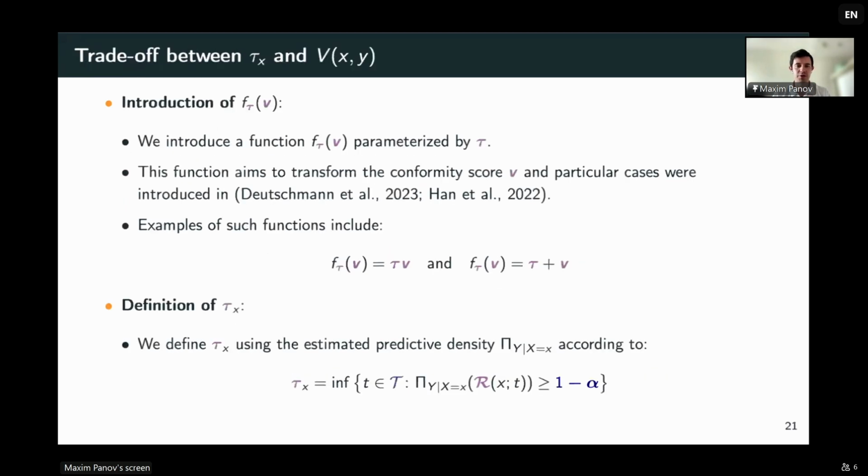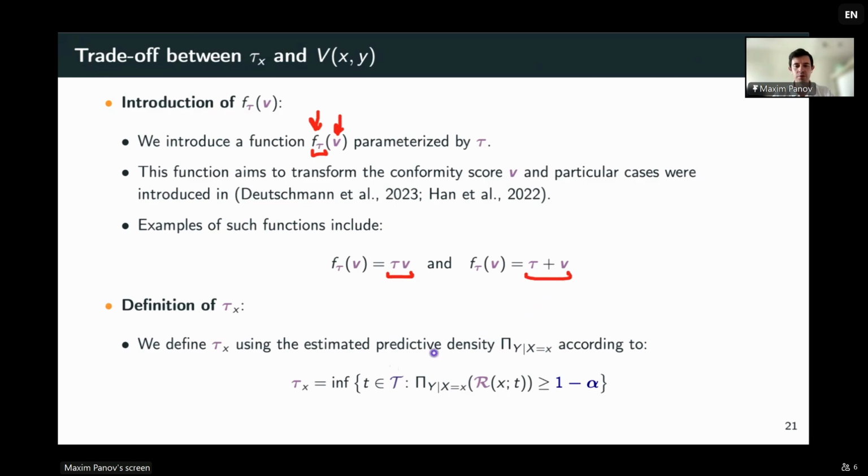What we will be doing is the following. We will introduce a transformation function for scores. We will have a function f, which transforms scores v, and it is parameterized by a certain parameter tau. Examples of such functions include the product and the sum, but you may consider different examples.